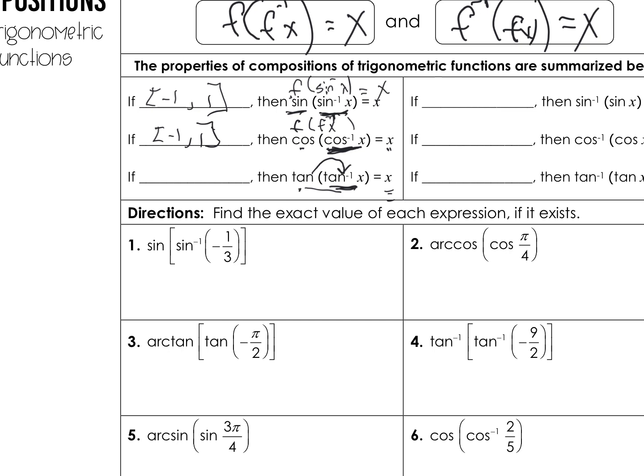There are also restricted domains on the algebraic ones sometimes, but nonetheless, the arc tangent takes on the domain of the range of tangent. If you recall, tangent goes up forever and down forever because of asymptotes.